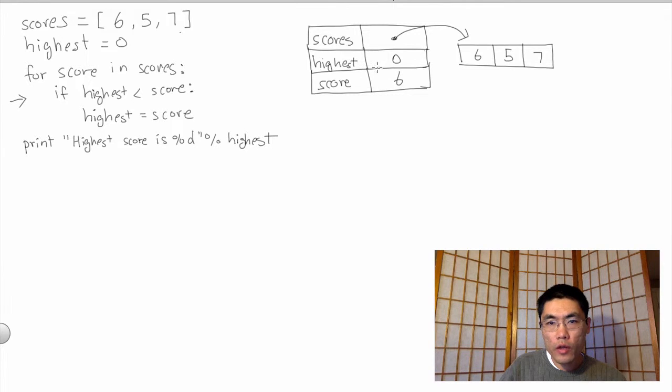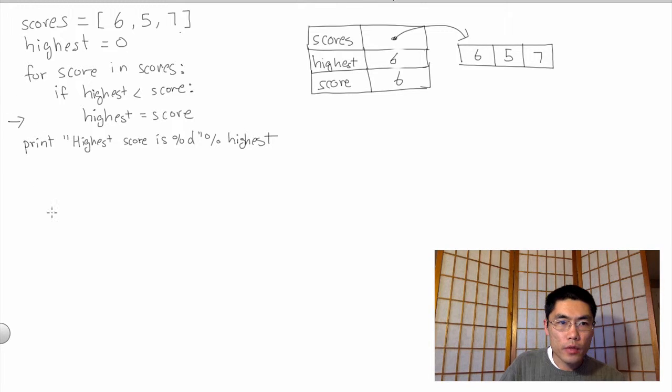Well, the value of highest is 0 and the value of score is 6. So is 0 less than 6? Well, yes. So we move into the consequent clause of the if statement. And this statement simply assigns the value of score to highest. So the score is 6, so highest will take on that same value of 6.